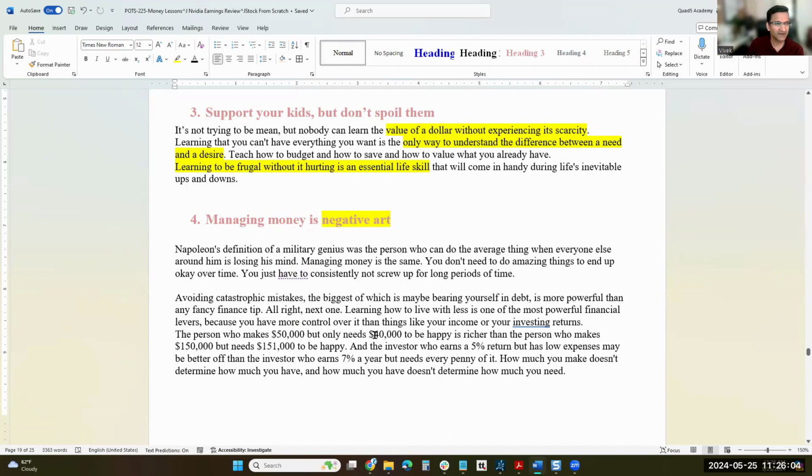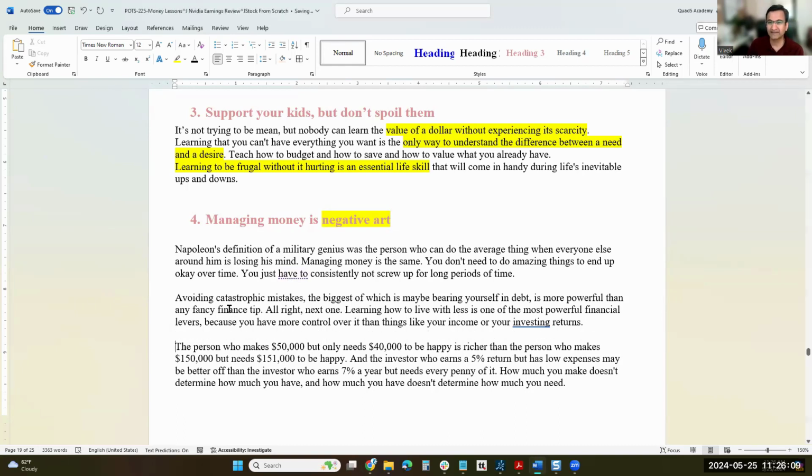So managing money is not about picking the right stuff in the long term. It is as much about not blowing up your account. I think someone else also said, those who don't have money look at strategies to earn money.